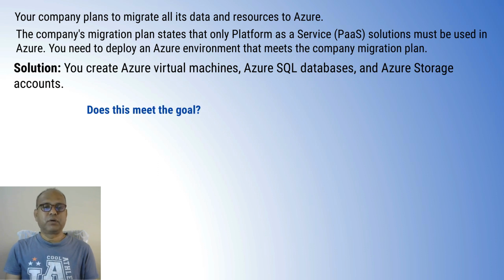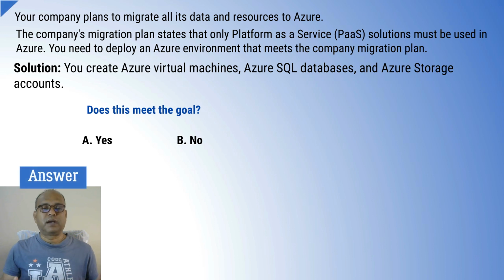Does this meet the goal? Option A, yes. Option B, no. Answer: in simple terms, we know that if we want to create a virtual machine in a cloud, we have to deploy it in the Infrastructure as a Service (IaaS) cloud model. But in this scenario, PaaS is mandatory. Therefore, the correct answer is option B.